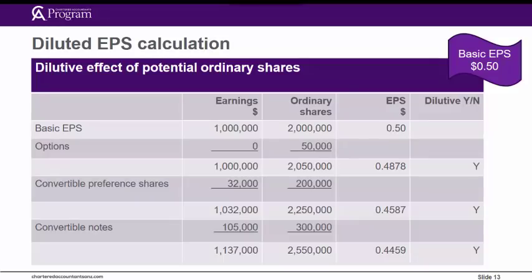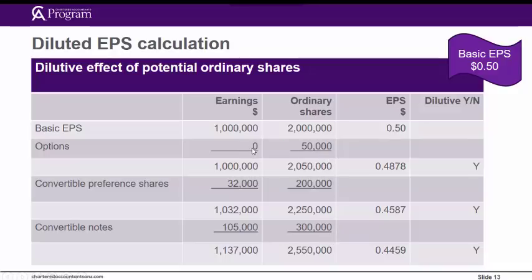So what we do is put this information into a table, and the standard wants us to do it line by line. We know that they were dilutive when we compared with the 50 cents, but we just need to check each time we make this calculation, starting with the most dilutive, which are the options, and heading towards the least dilutive, which are the convertible notes.